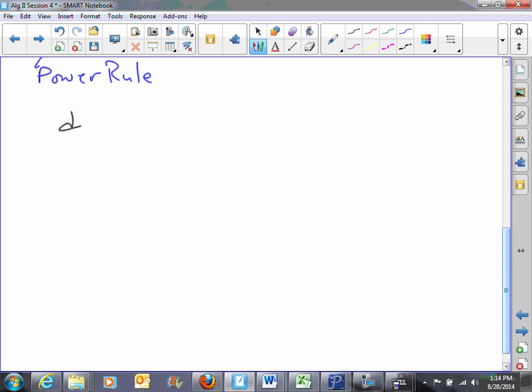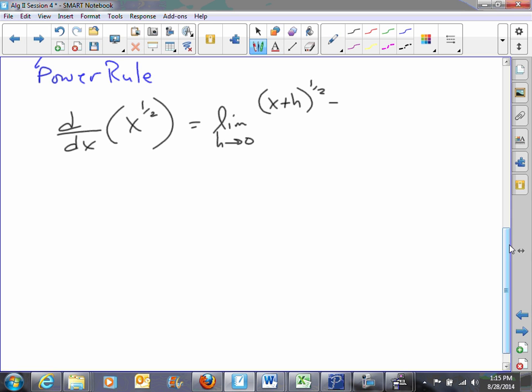Let's find the derivative with respect to x of x to the 1/2, or in other words, the square root of x. Well, that would be the limit as h approaches 0 of (x plus h) to the 1/2 minus x to the 1/2 over h.